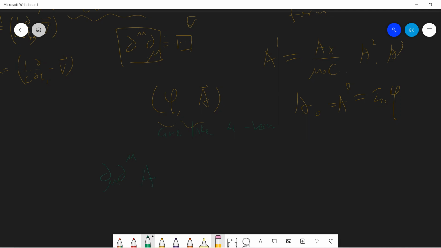Let's say the d'Alembertian over the 4 vector A mu equals J mu. And what is J mu, right? J mu is very easy. I just denote that J1 is just rho Vx divided by c, and then J2, following the definition, is rho Vy divided by c. J3 is just rho Vz divided by c, and then J0 is just rho, right? Rho.